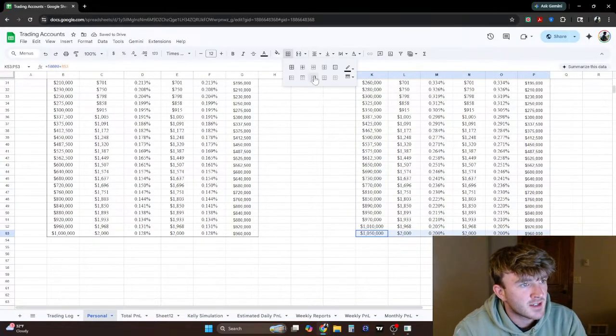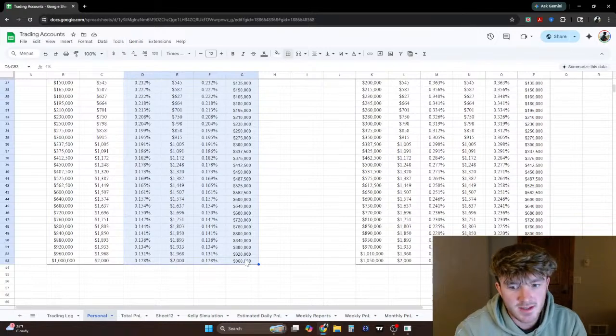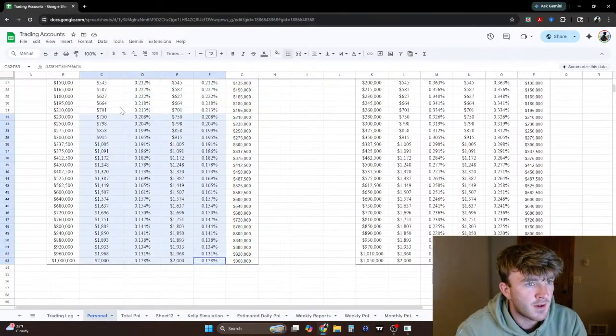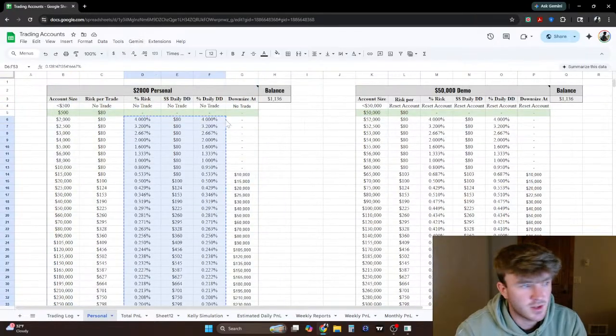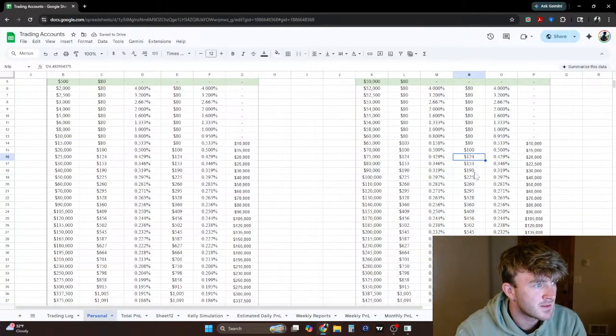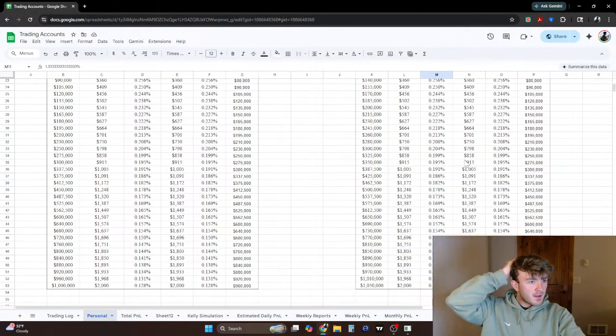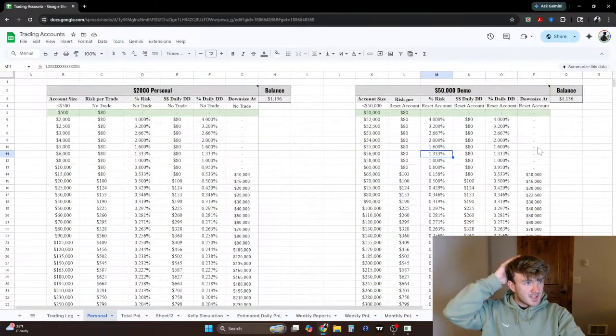I like this actually. So this is basically going to perfectly simulate how the sizing up on my personal account would go, but it's on a $50,000 demo, which is perfect. This is exactly what I want.